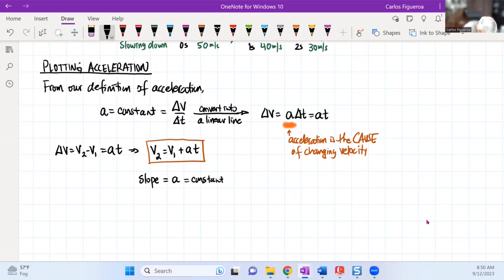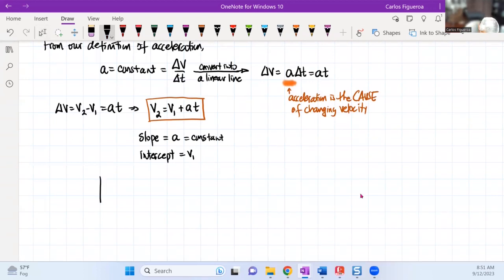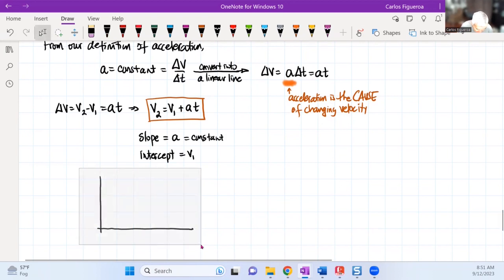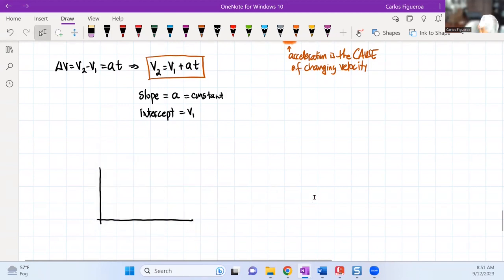And then we see that our intercept is going to be V1. So let's look at how we plot this thing. If I look at a graph like this, this is what I'm seeing here. You know what? I'm going to move this down a little bit. I need a little bit more space. I want to talk about speeding up here now.